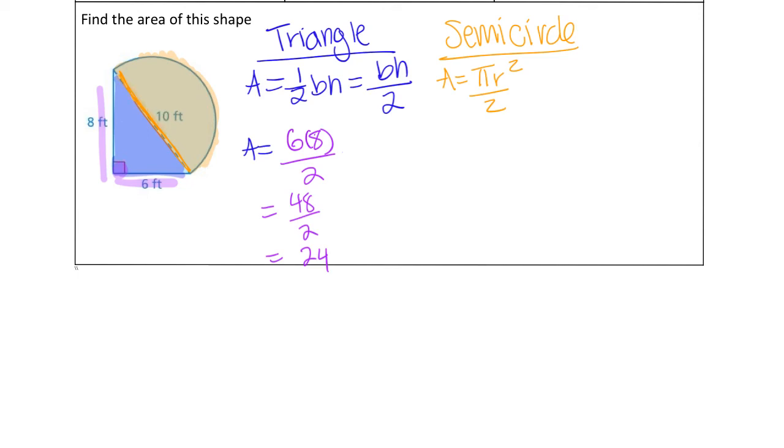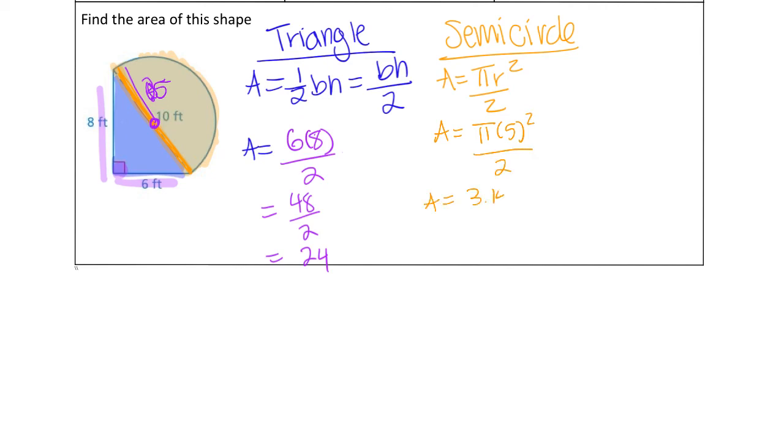Right here I have my diameter. If my diameter the whole way across is 10, what is my radius, or halfway across? It should be 5. So instead of r, I'm going to put in 5. So area is pi times 5 squared divided by 2.